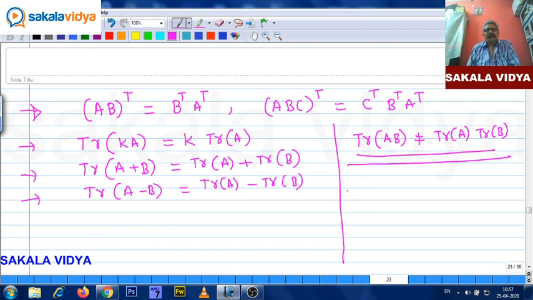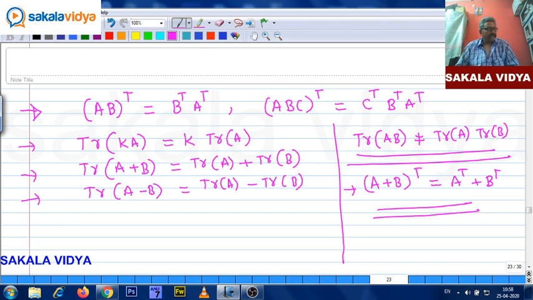Okay. And moreover, A plus B whole transpose equals A transpose plus B transpose. Right.